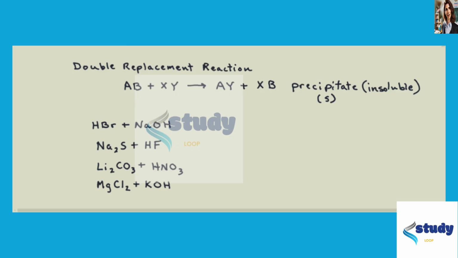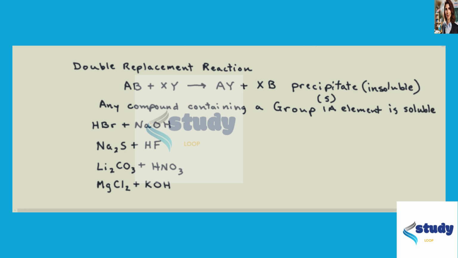And one of the important solubility rules tells us that any compound containing a group 1A element is soluble. These are always soluble.